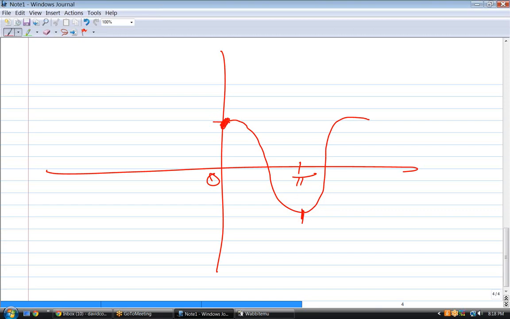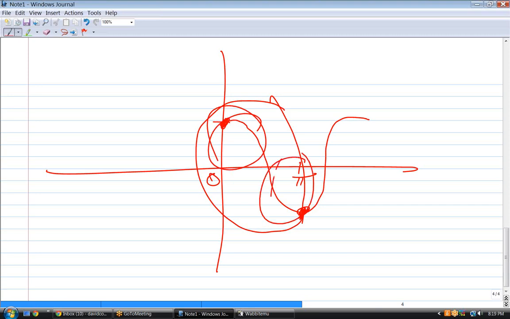So between that point there and that point there, if I reflect that, that's 1 to 1. From there to there, in other words, between 0 and pi, the cosine curve is 1 to 1. So I can talk about the inverse cosine curve. That's why my principal values for inverse cosine of positive numbers is first quadrant, and for negative numbers, it's second quadrant.